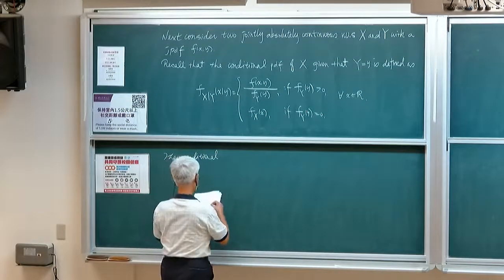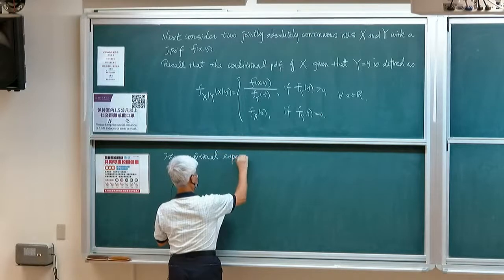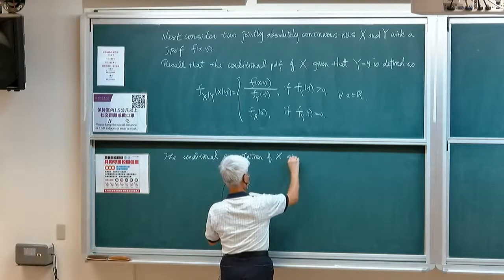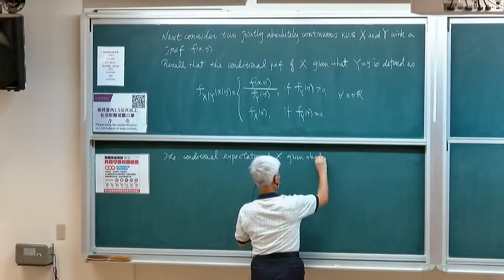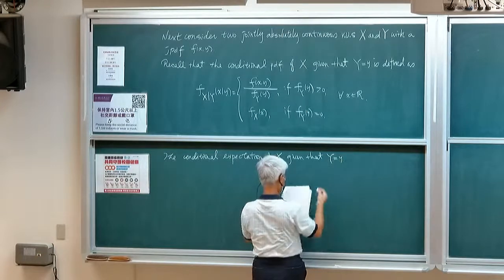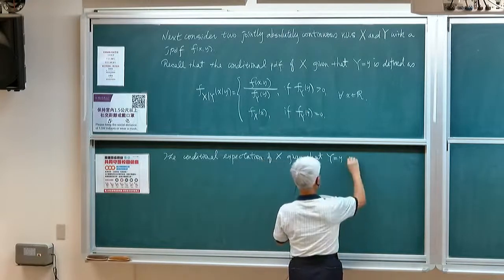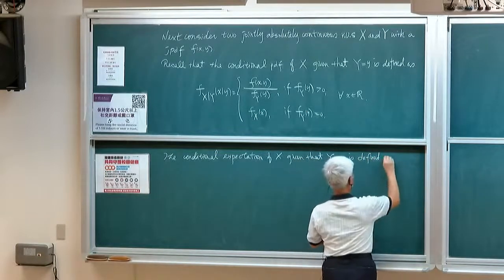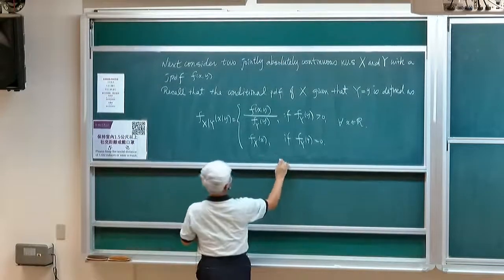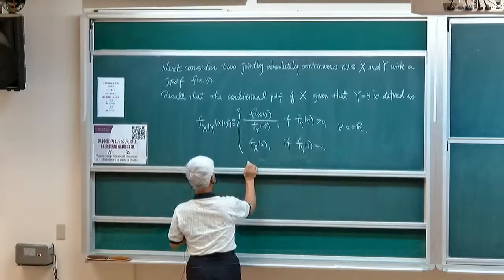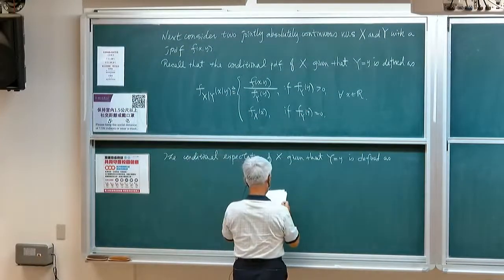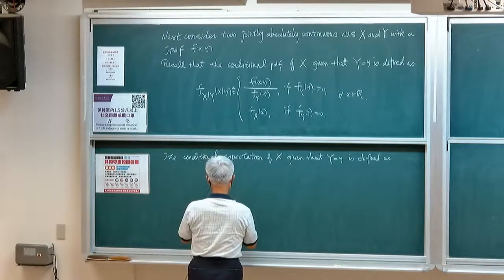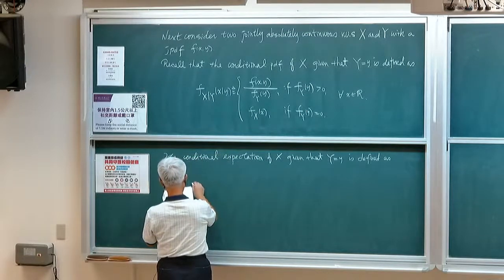So the conditional expectation of X given that random variable Y is equal to little y is defined in the following way.